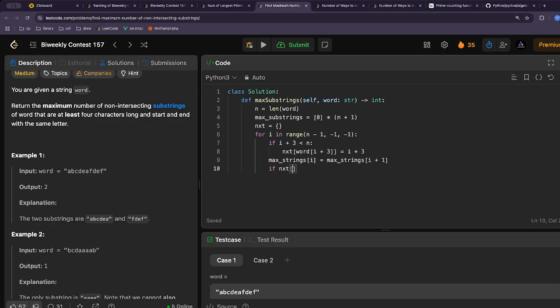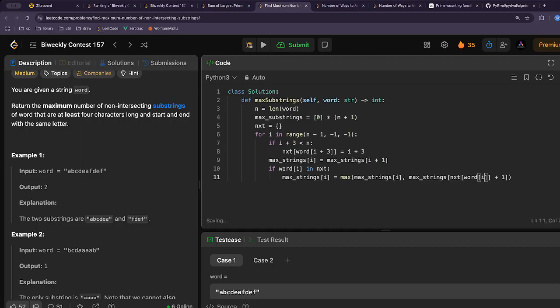if this letter, we've seen it, then we want to find the maximum between what we have and the next word of I plus 1, right?